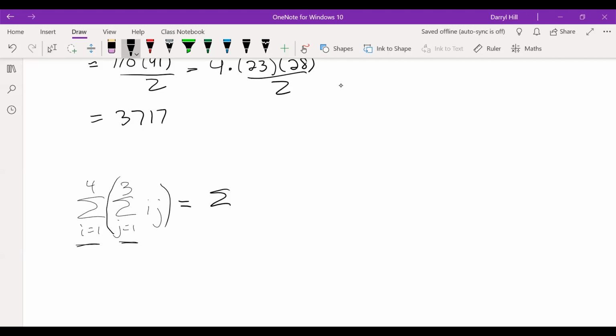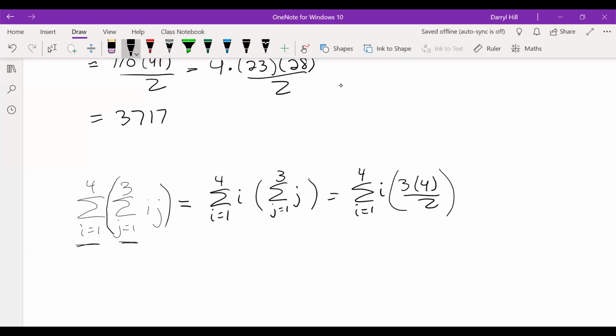So this is the sum from i equals 1 to 4 of i, and then j equals 1 to 3 of j, and that's equal to the sum from i equals 1 to 4 of i, and then the closed form for this is simply 3 times 4 over 2. Yeah, sorry, I thought I had a constant in there, but I don't.